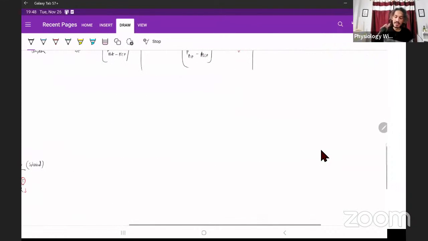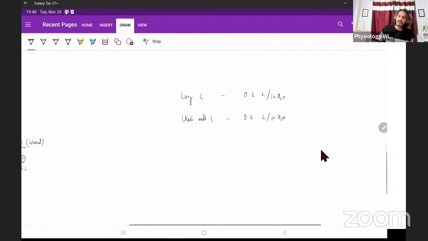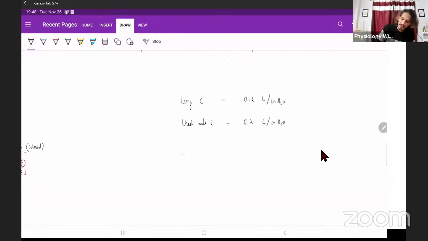Now again, the normal value of lung compliance is 0.2 liter per centimeter of water. Your chest wall compliance is also 0.2 liter per centimeter of water. Now we have to understand the total compliance. 1 by total compliance is equal to 1 by lung compliance plus 1 by chest wall compliance.